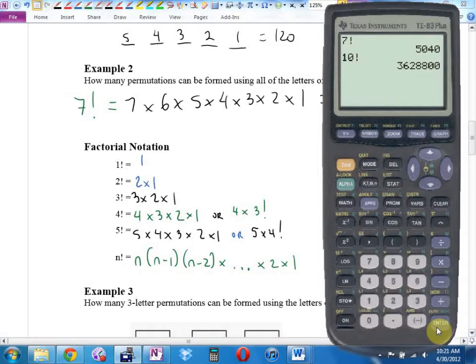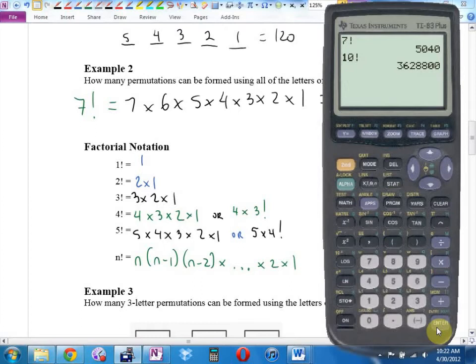Does that work? Yeah? How about 75 factorial? Does that work? No? How about 65 factorial? Does that work? How about 70 factorial? No? How about 69 factorial?